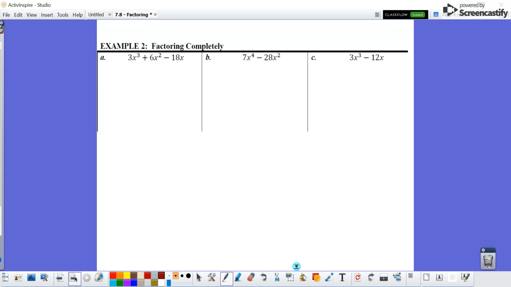Okay. This last section here, as we look into it, we are talking about making sure we're factoring completely now. So as we factor completely, we have to consider doing multiple levels of factoring. So the first thing we do is we're going to locate or write down the fact that the GCF is 3x. Writing down that, we would have x squared plus 2x minus 6.